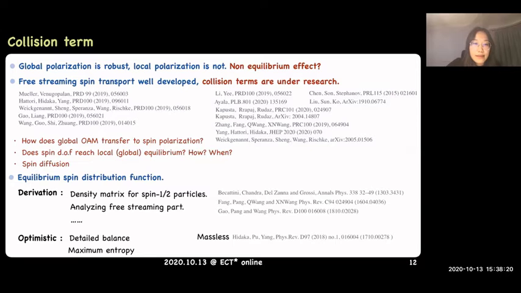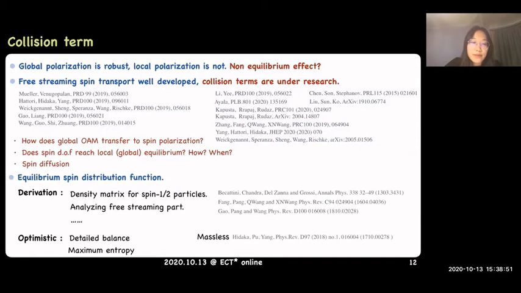The distribution function itself is a core ingredient in kinetic theory and also in equilibrium many-body physics, so its derivation is of huge significance. In fact, it has been derived with different approaches, and different forms of the equilibrium distribution function have been obtained.